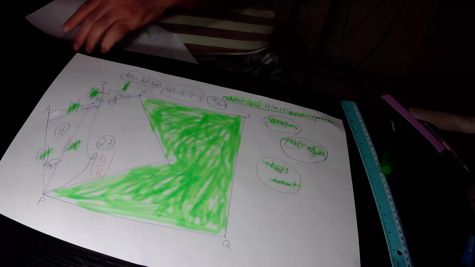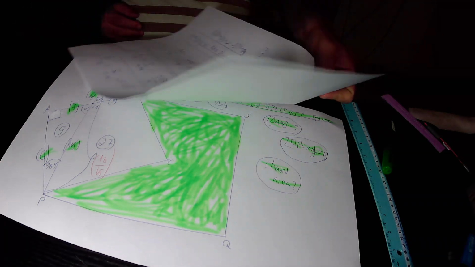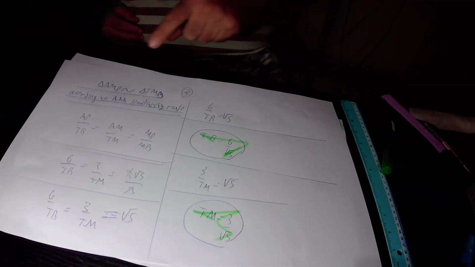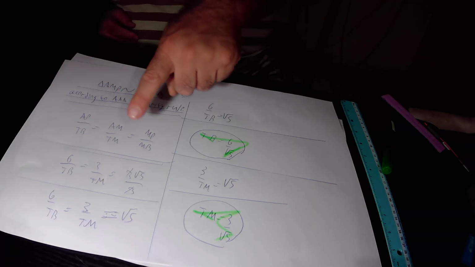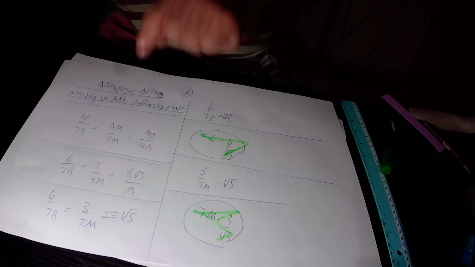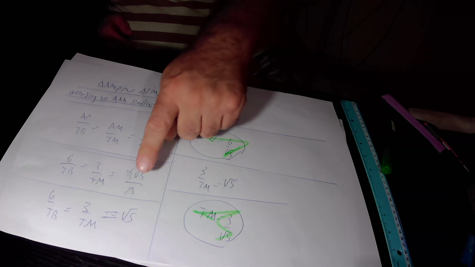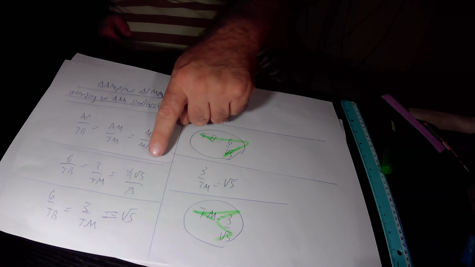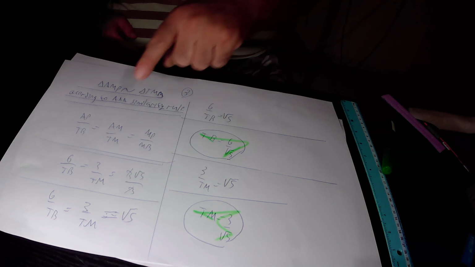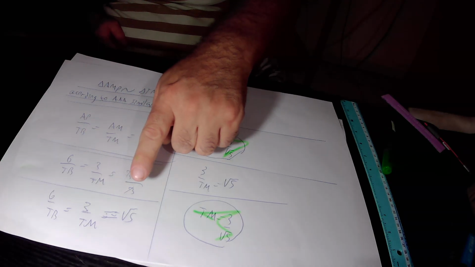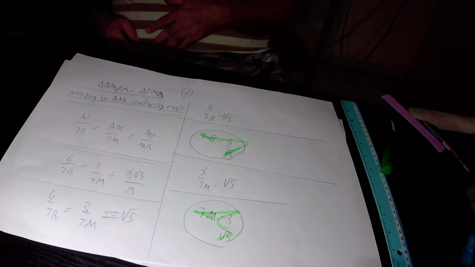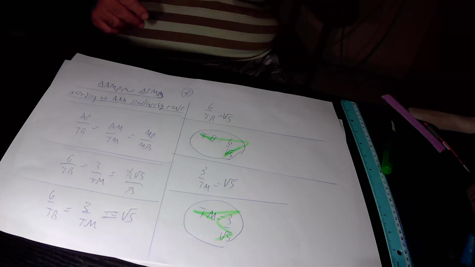MB is 3. So we find that 6 over TB equals 3 over TM equals 3 times square root of 5 over 3. We have 3 in the numerator and 3 in the denominator, so the 3 gets cancelled, and we are left only with square root of 5. So in total, 6 over TB equals 3 over TM equals square root of 5.